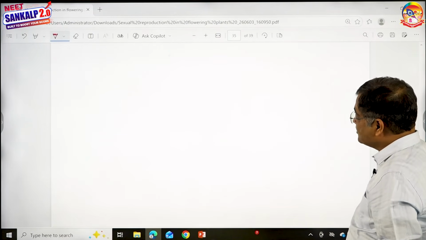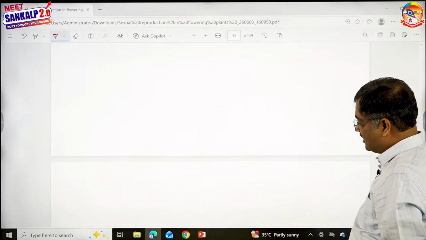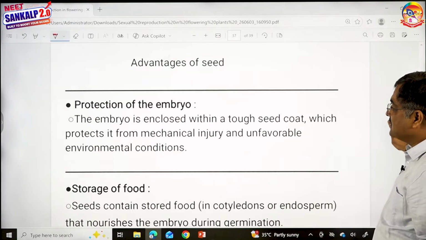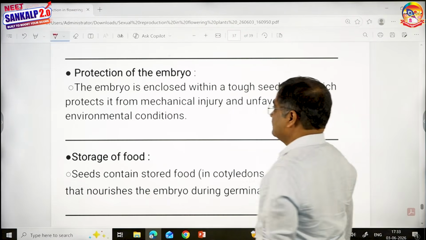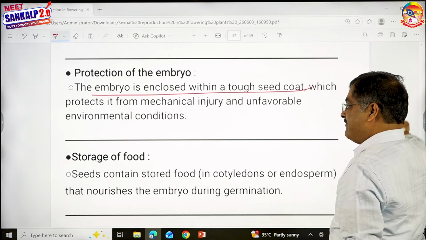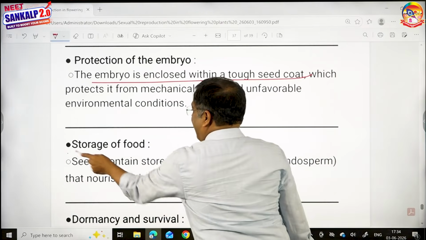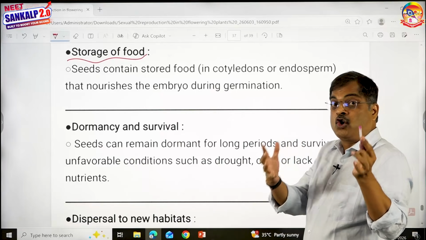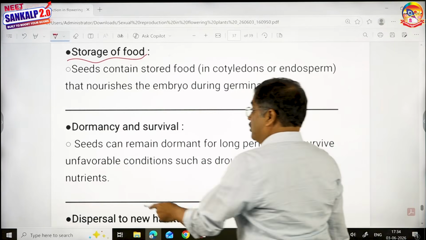All right. Then next, children, what are the advantages of seed? What is the utility of seed? First, it protects the embryo. The embryo is enclosed within a tough seed coat. And one more, it has plenty of food either in its endosperm or in cotyledons. When the conditions are not favorable, it has a license to stay dormant.